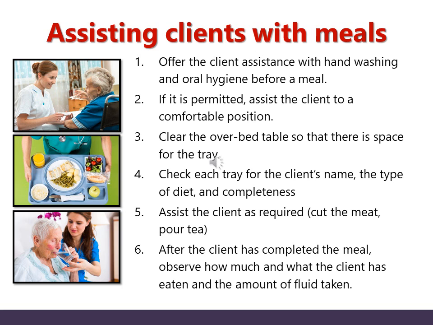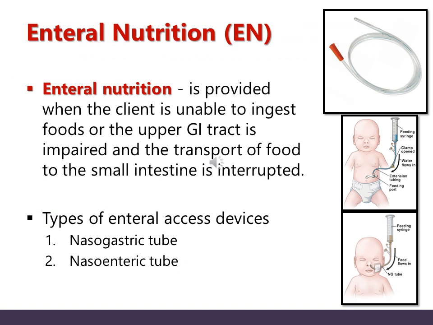Now, this is very important. I can observe nurses in the hospital. They just offer the food tray to the patient without assisting the client. Especially if your patient is very weak, you need to assist your client how to take the meals. That is your role as a nurse.